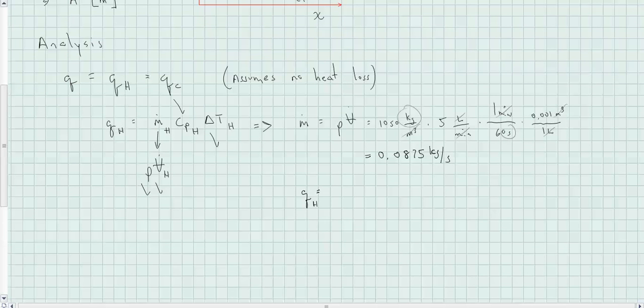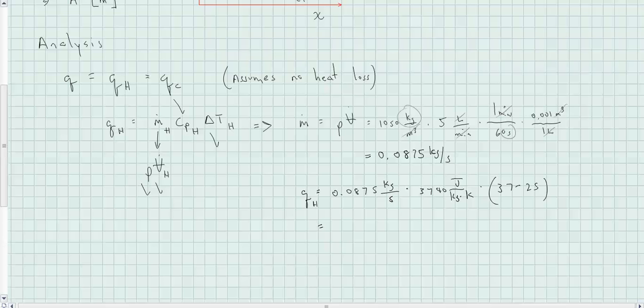QH is 0.0875 kilograms per second times the 3740 joules per kilogram Kelvin times the temperature change, so it's 37 to 25, remembering that the delta in Kelvin is the same as the delta in Celsius.